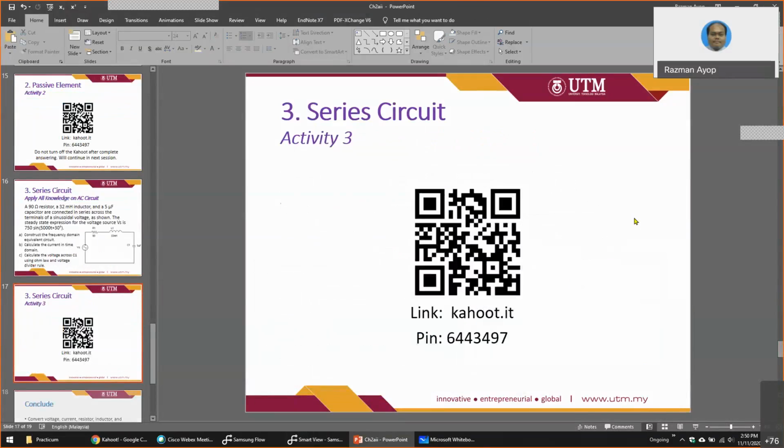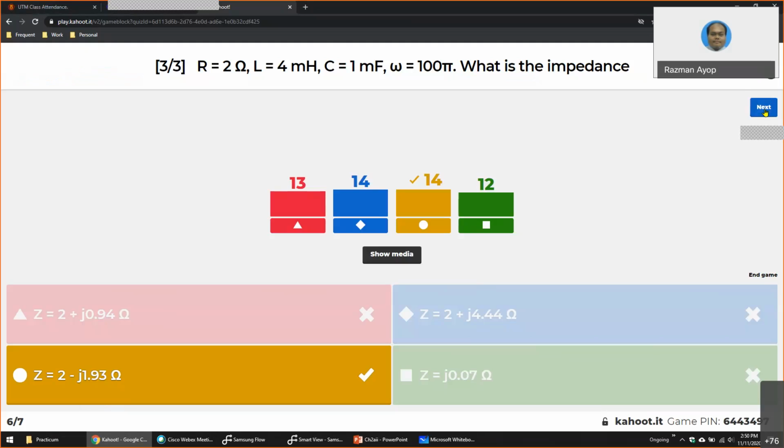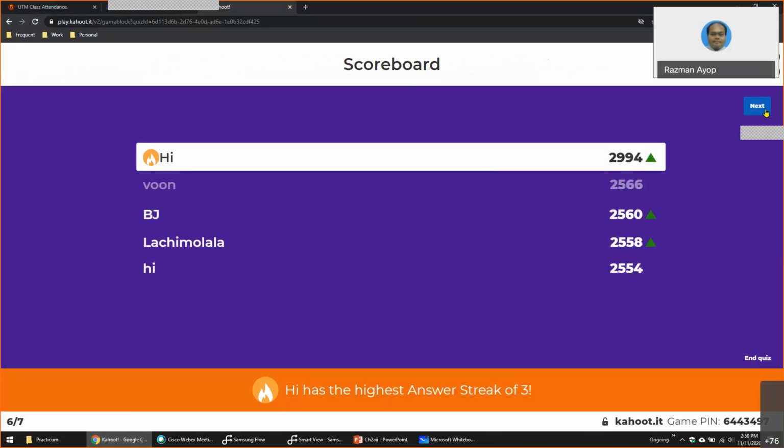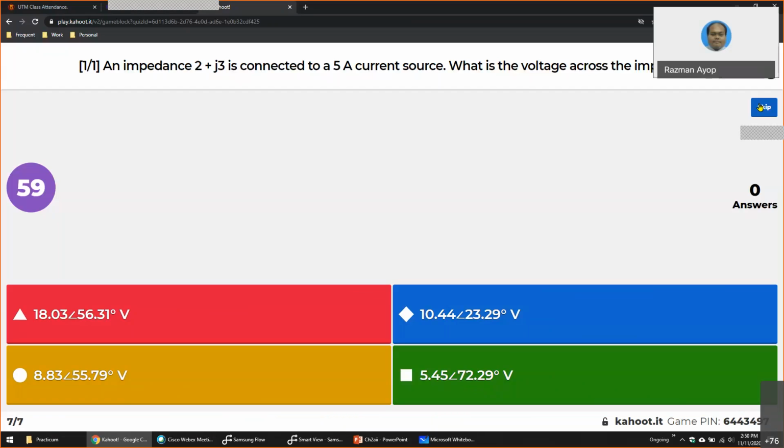So now we try the last question. We try to apply in a Kahoot session. So try open back your phone. Right now high has the highest mark. So the last question. Impedance is 2 plus J3 connected to 5 ampere current.